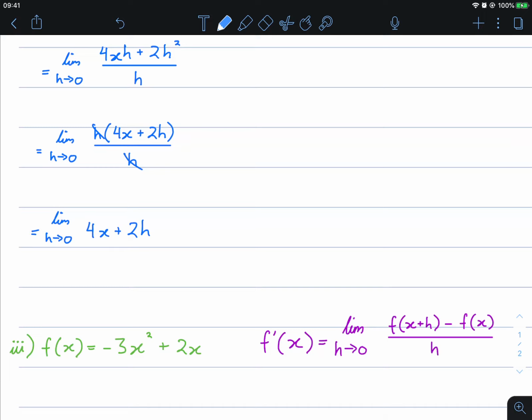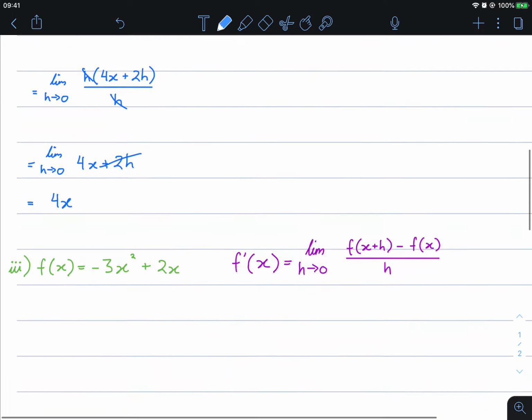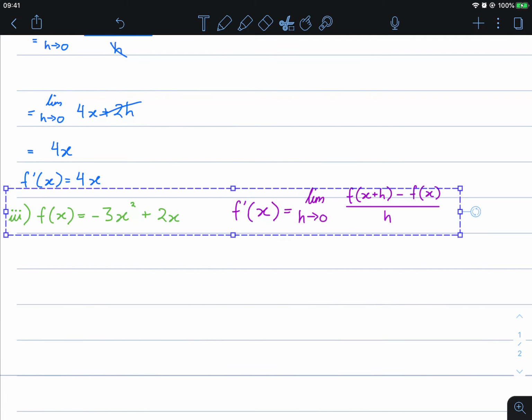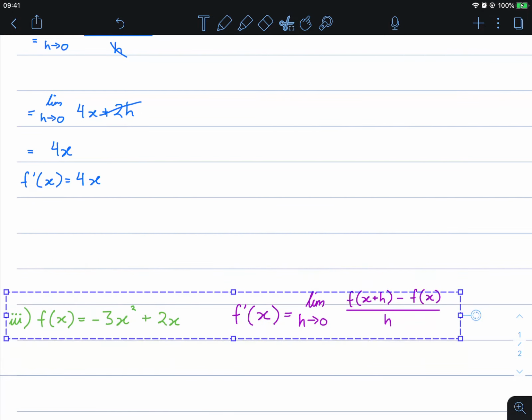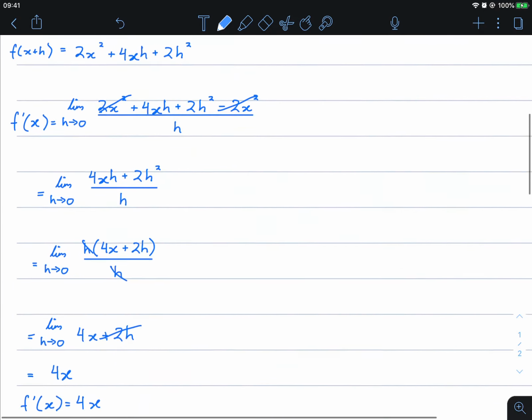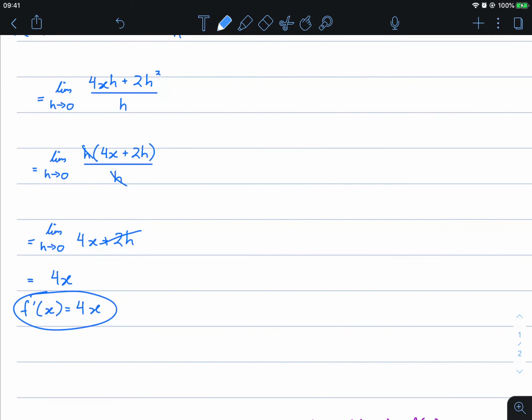Now to apply the limit, we simply substitute h is equal to 0. So if h is 0, that's 2 times 0, that goes away, leaving us with 4x. So to finalize this question, we can say that f prime of x is equal to 4x. So the derivative of this function is 4x.